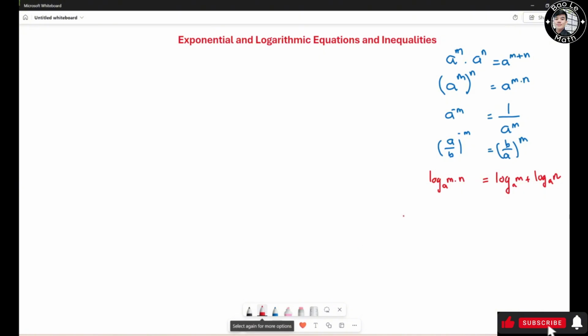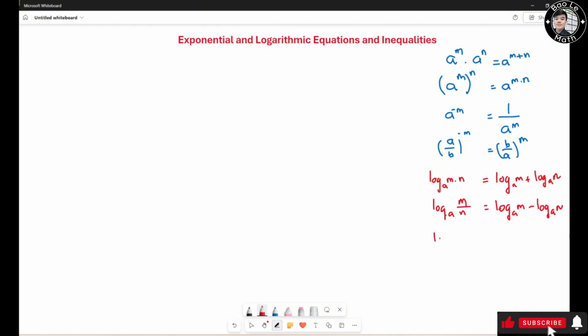Now, the quotient property: log base a of m over n turns out to be subtraction. So it's going to be log base a of m minus log base a of n.